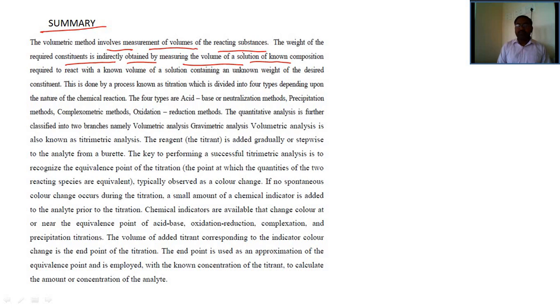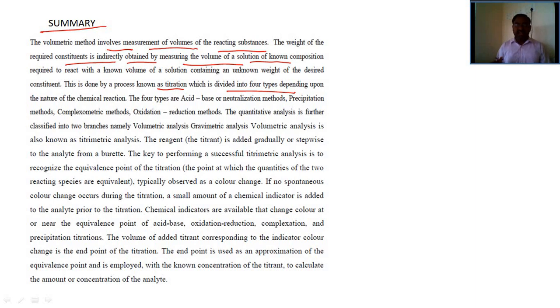This is done by a process known as titration, which is divided into 4 different types depending upon the nature of the chemical reaction. There are 4 types: acid-base neutralization method, precipitation method, complexometric method, oxidation reduction method.